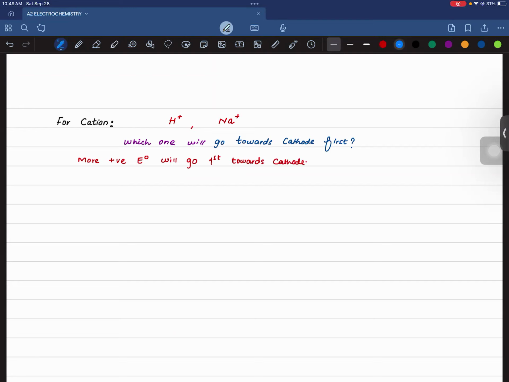Let's suppose the value for H plus is 0.00 volts, and the value for Na plus is, I don't remember.